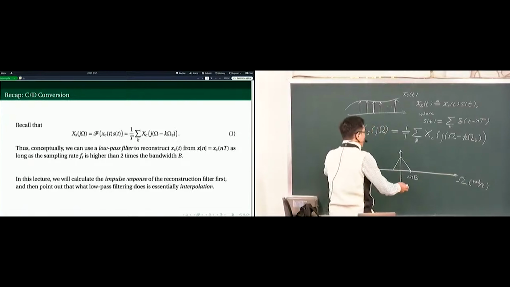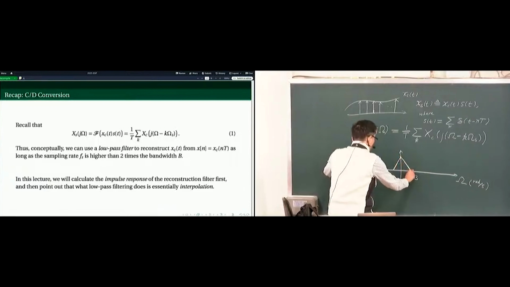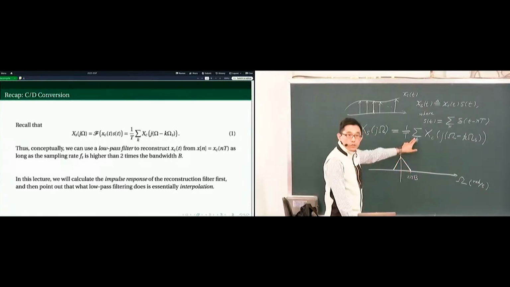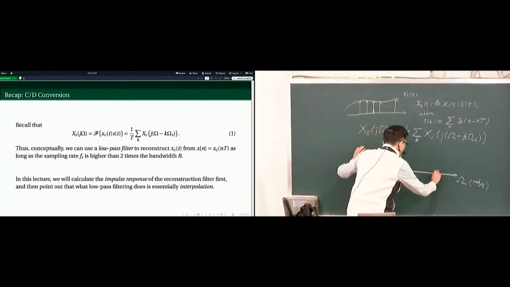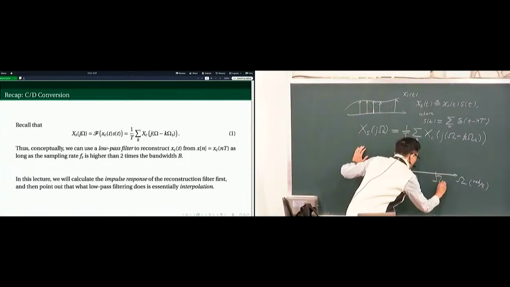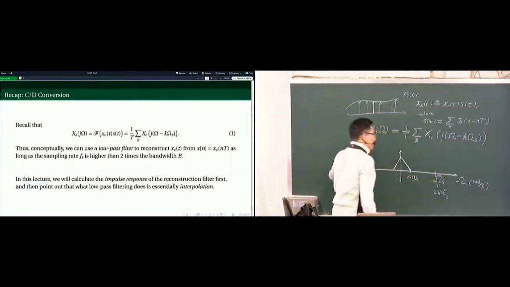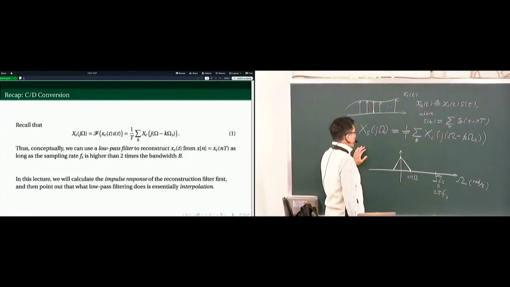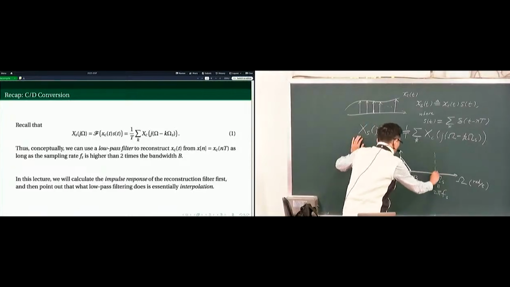So that is to say, what will happen after sampling is an infinite summation of the spectrum shifted to the right and to the left. As long as our sampling rate omega s, which equals 2 pi times the sampling rate, is bigger than 2 times 2 pi b, these shifted copies are not going to overlap.